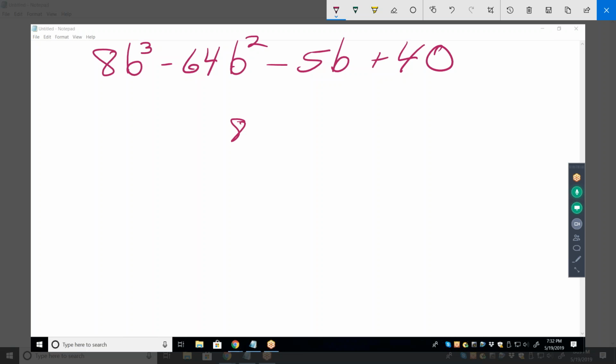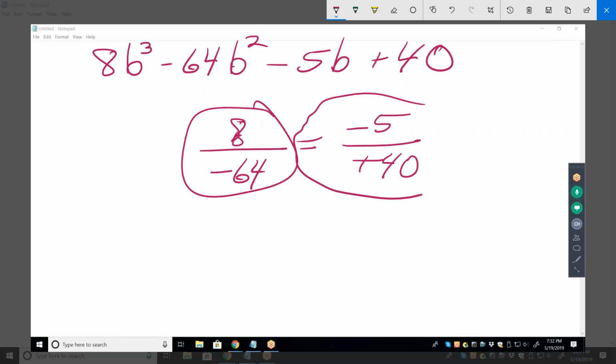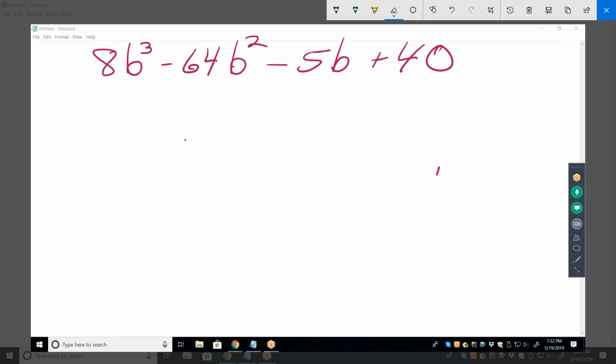Here's why. 8 divided by minus 64, in other words, that ratio, is the same as minus 5 divided by plus 40. Both of them are minus 1/8. As long as this is true, then you can solve it by grouping, always. And since that's the only method they taught you, at this stage, you don't even need to check.